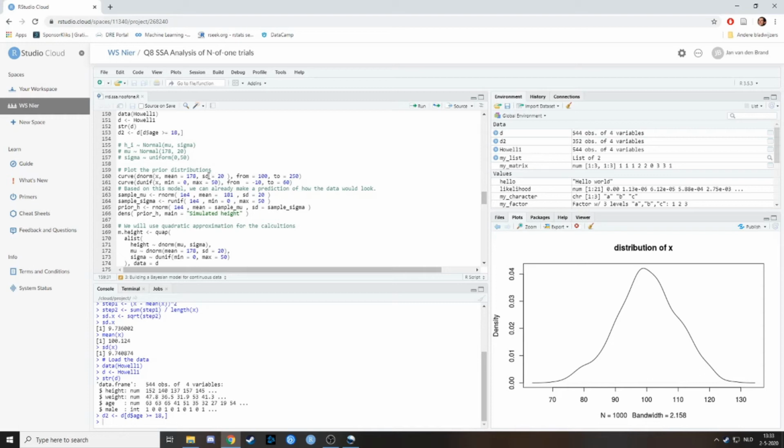You would see very few adults with a height below this value of 138, or very few people who are above 2.20 meters really.